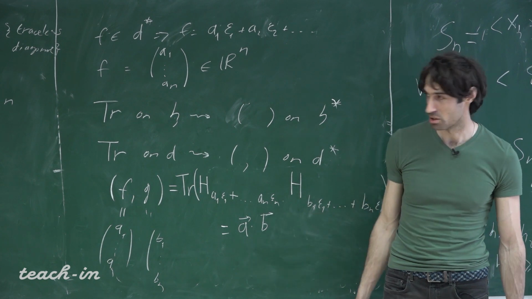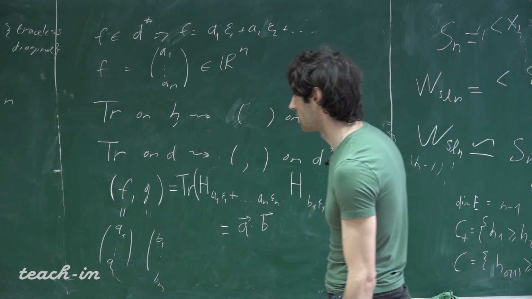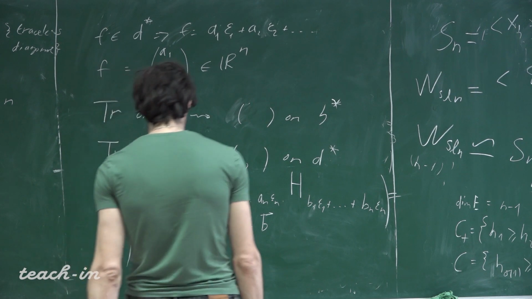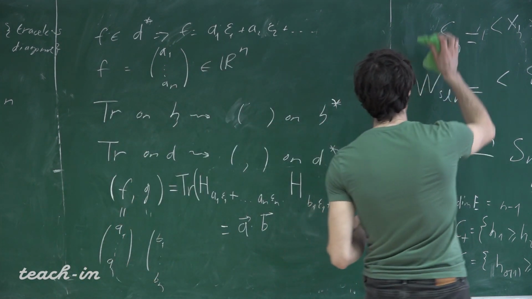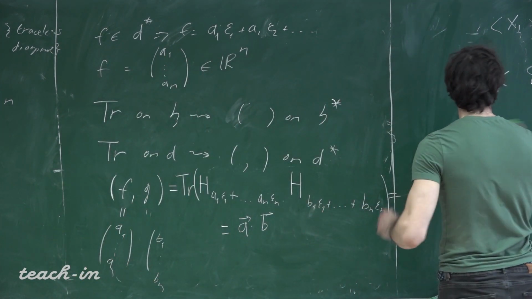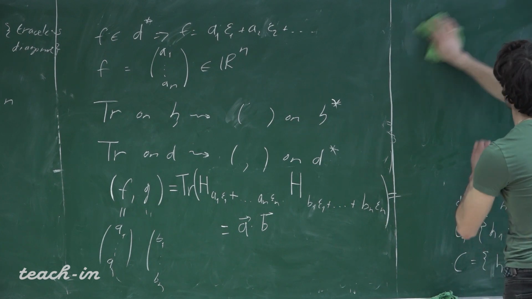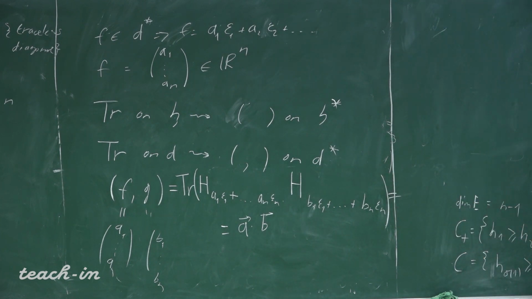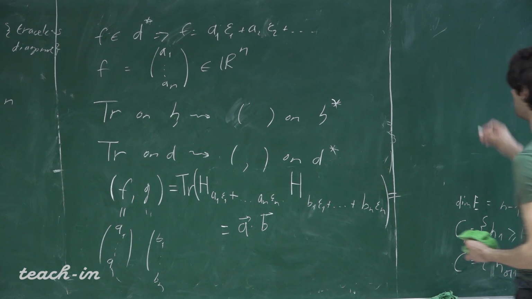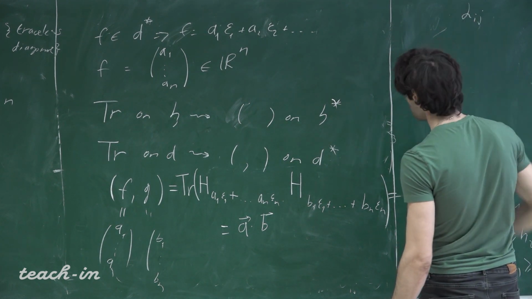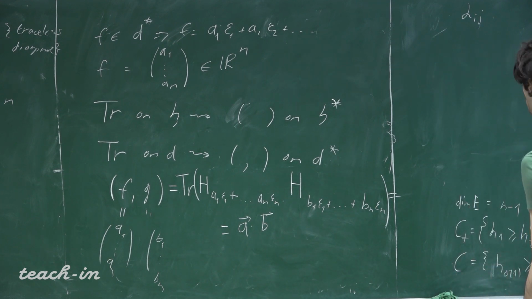Now let me compute how s_alpha_ij acts on D star. First of all, alpha_ij corresponds to which vector?